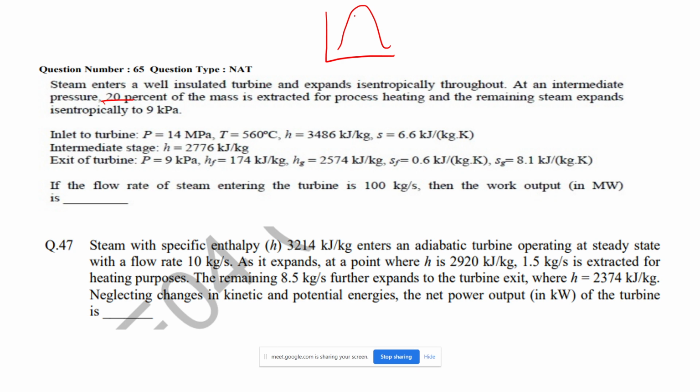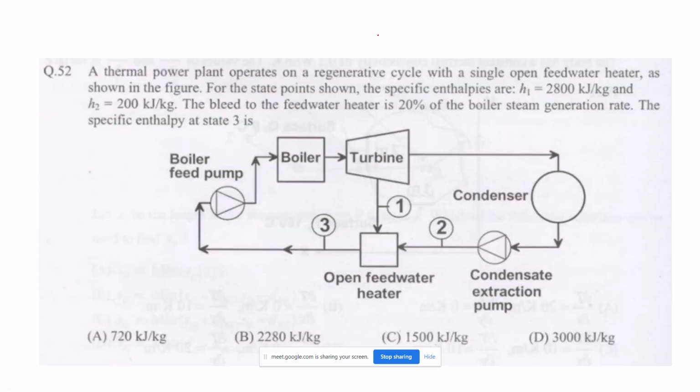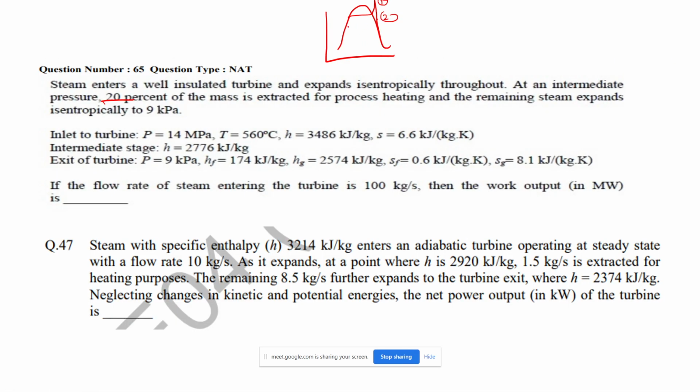This is point 1, so at point 2 they are extracting. How much are they extracting? 20%. Here it is entering 100 kg per second, so they are extracting 20 kg per second.